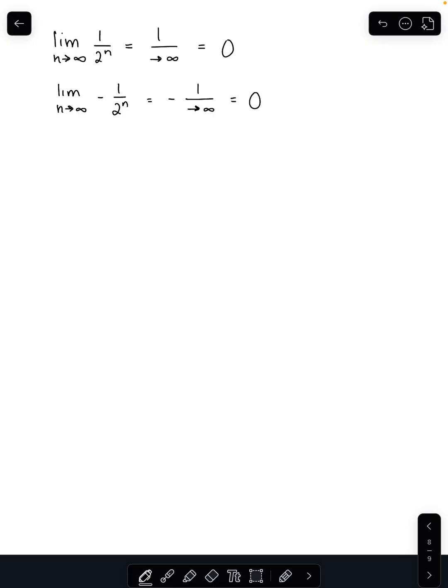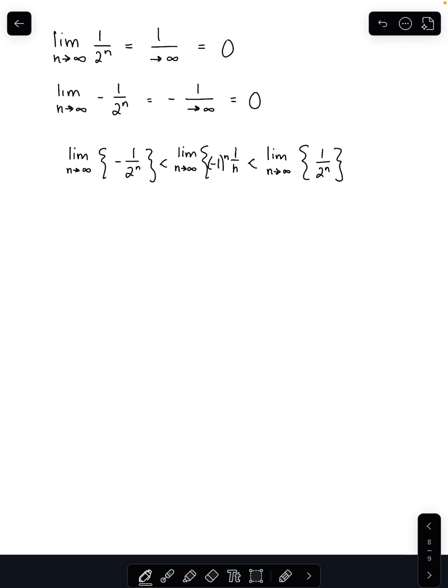So therefore, since the limit as n approaches infinity of the smallest of the three sequences and the limit as n approaches infinity of the largest of the three sequences are both 0, then the limit of the sequence that's in the middle must also be 0.